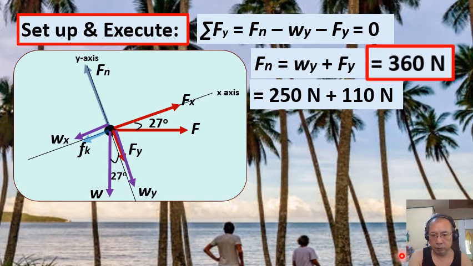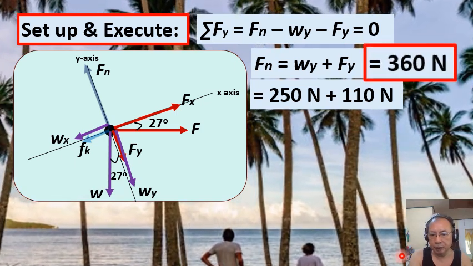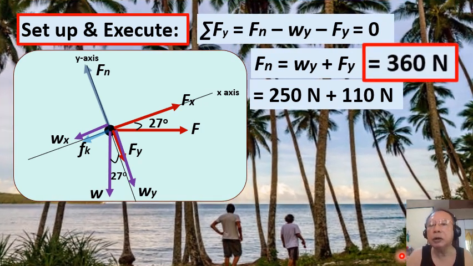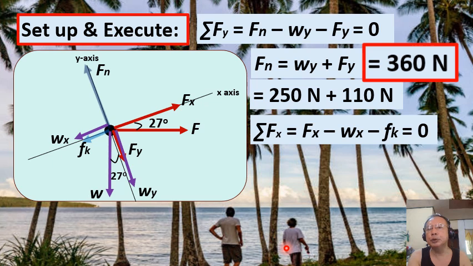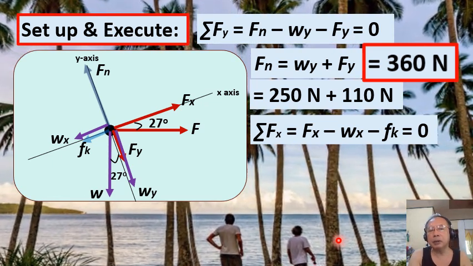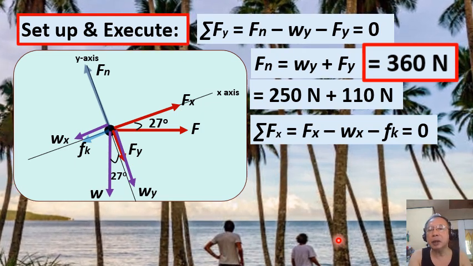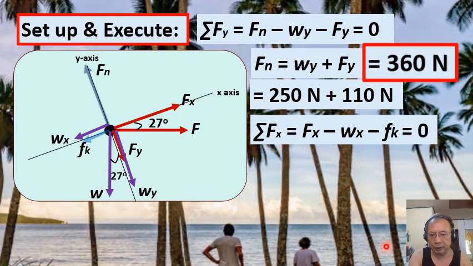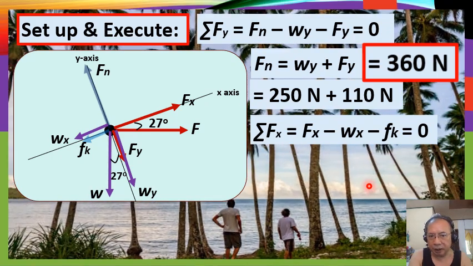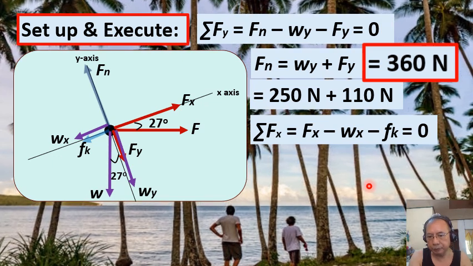Moving on to question letter B, or finding the coefficient of kinetic friction, we also apply the law of dynamic equilibrium. The problem states that the box is moving at constant speed up the incline. So that means the sum of all the forces along the x-axis must also be equal to 0.